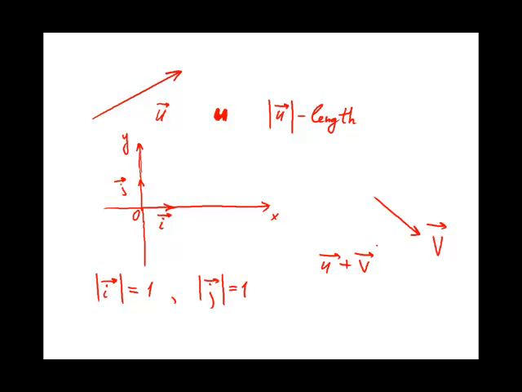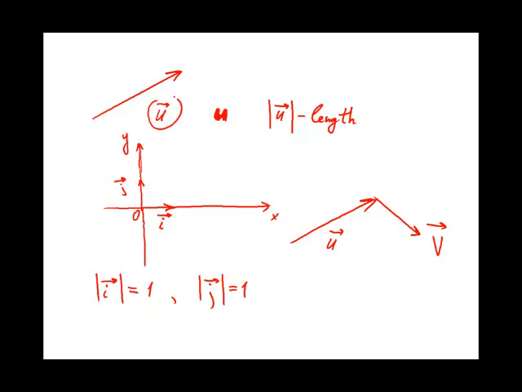Here's how. Let me move a little bit this line. Okay, vector u. You draw your vector u. This is u.